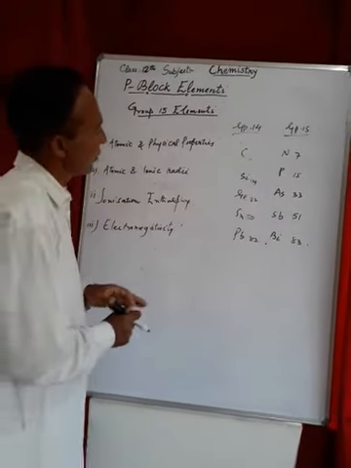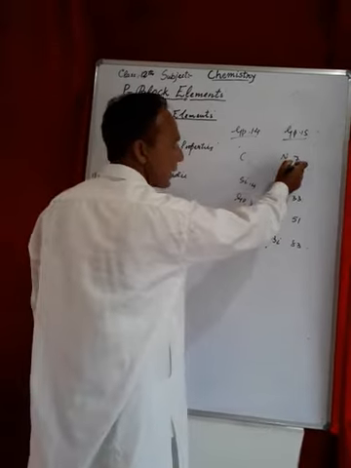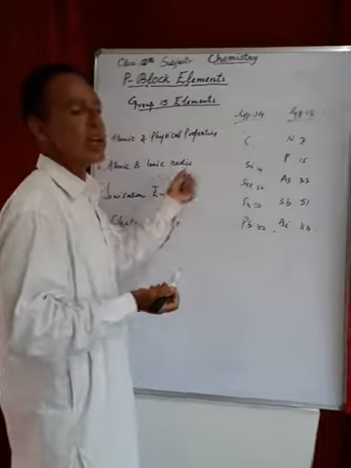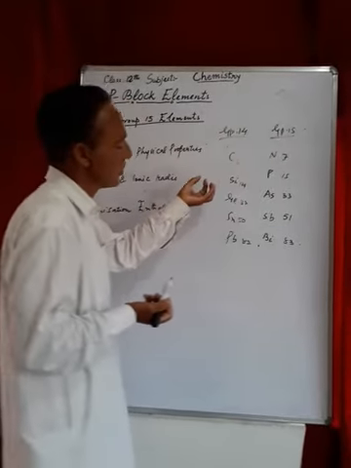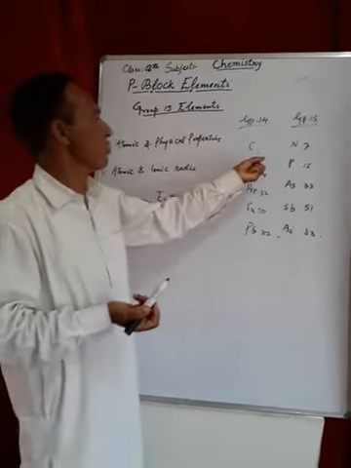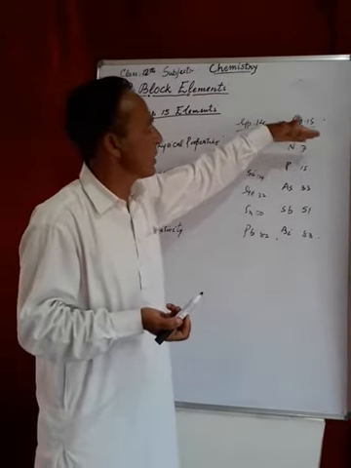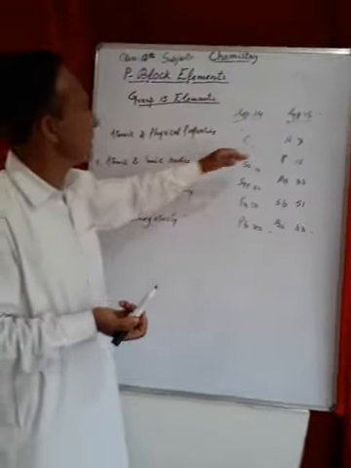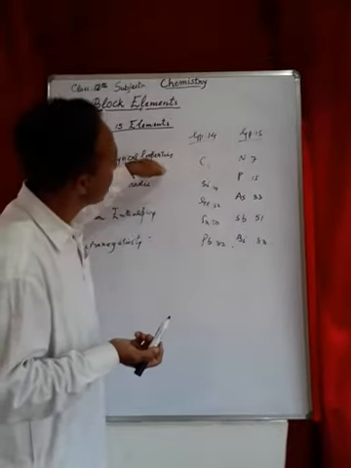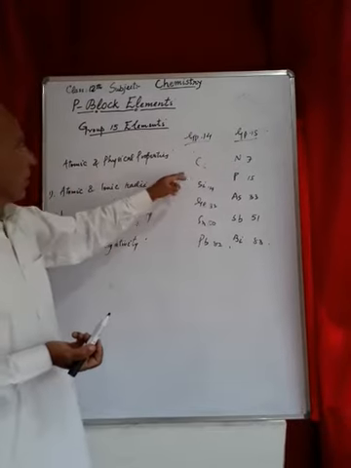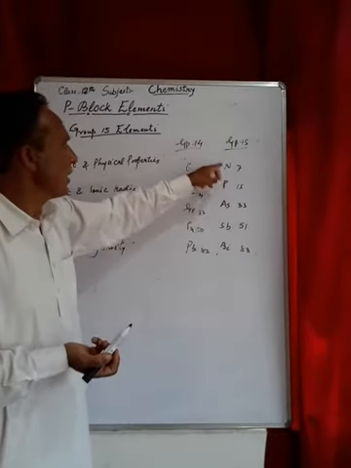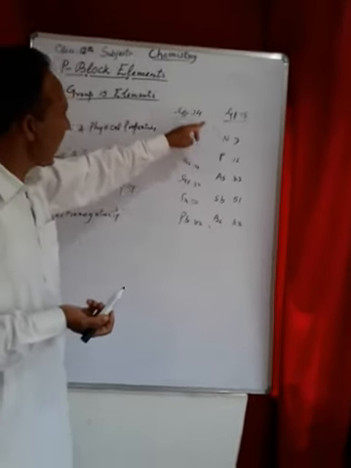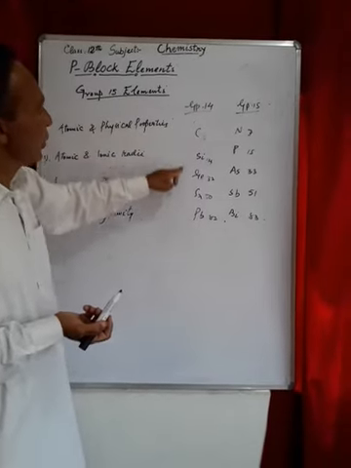This is because with the increase in atomic number, the new electron enters the same shell and the nuclear charge increases, so more and more attraction takes place. This is why the atomic size decreases as we move from left to right in the periodic table. So group 15 elements have smaller covalent radii as compared to corresponding elements of group 14.